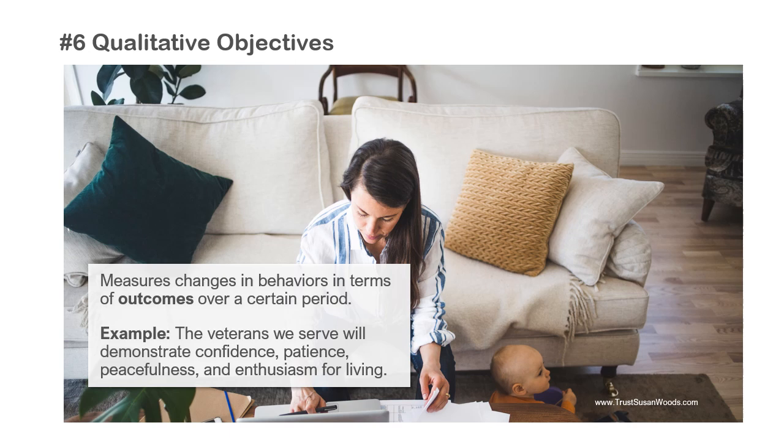So we're talking about how you project your target group members' behavior will change over time as a result of the services they receive through your nonprofit organization. And you describe these qualitative objectives as outcomes.